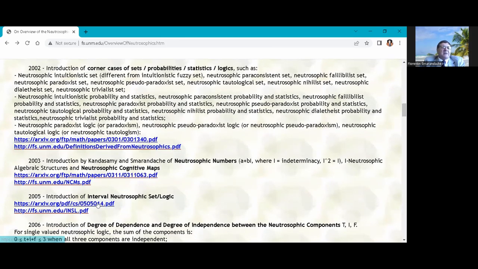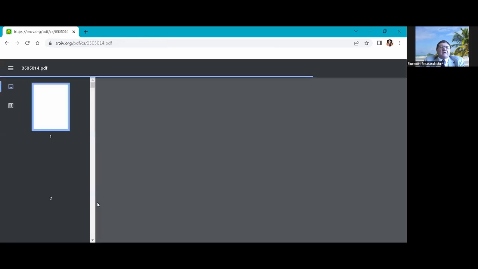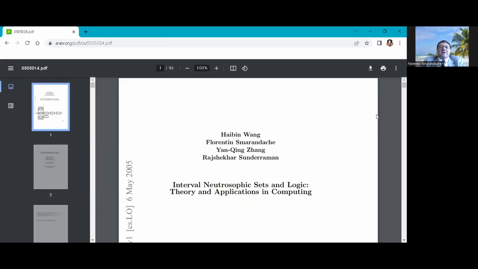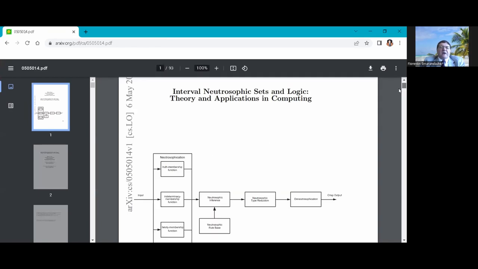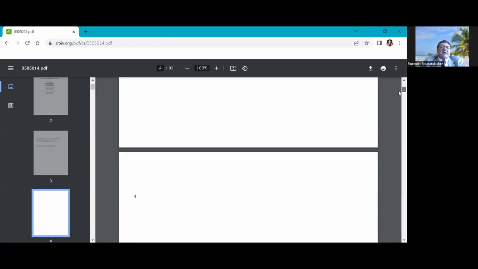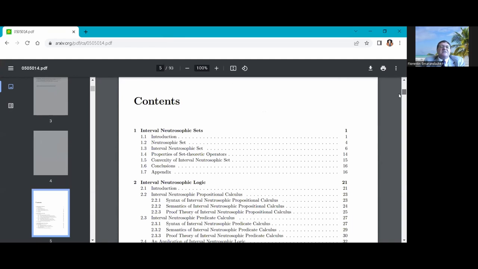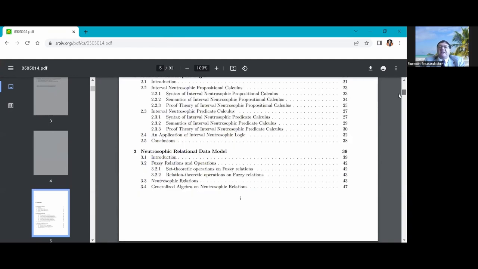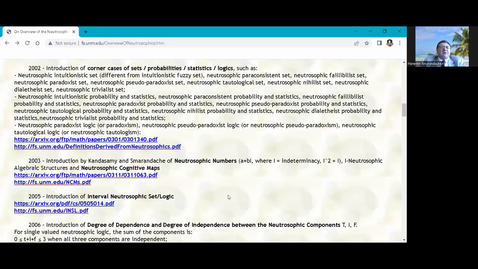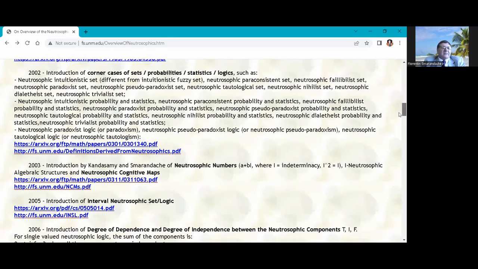For example, here, interval-valued number where T, I, and F are intervals of the set [0, 1], in the same way as interval-valued fuzzy set, interval-valued intuitionistic fuzzy set, and so on.